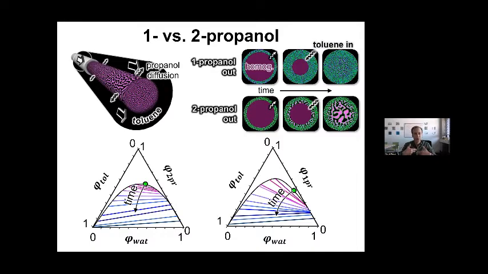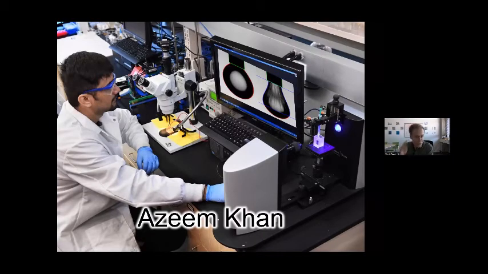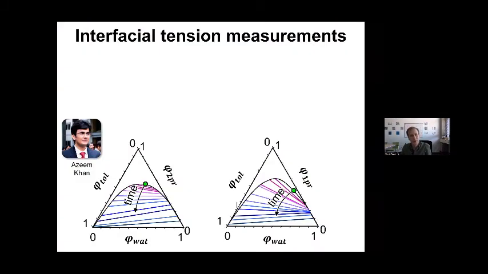So during STRIPS, we start here, and over time, the solvent diffuses out. And as you see before, the interfacial tension increases. So Azim is a PhD candidate. He measures the interfacial tension in a pendant drop tensiometer. So what Azim here did, he prepared equilibrium mixtures that are immiscible and measured their interfacial tension, both for 1- and 2-propanol.